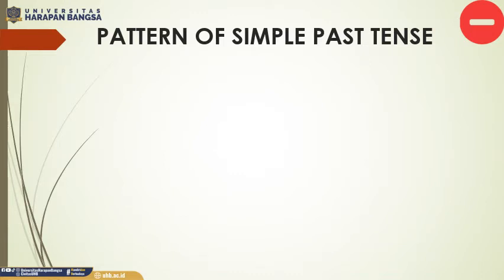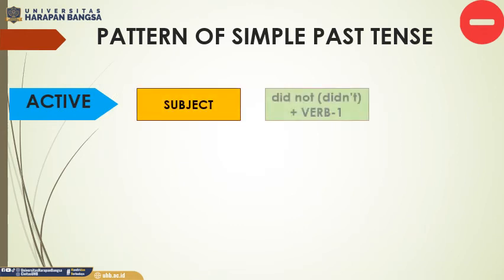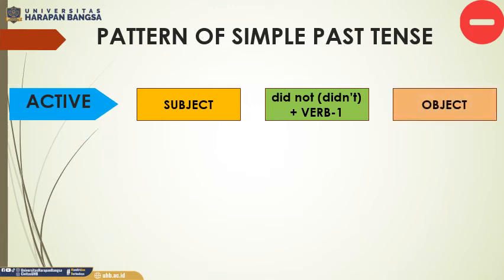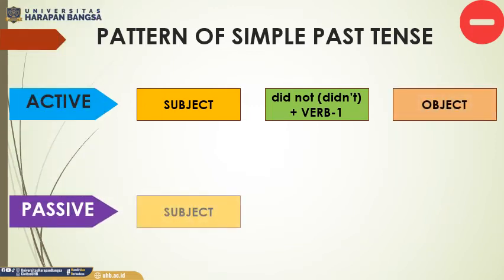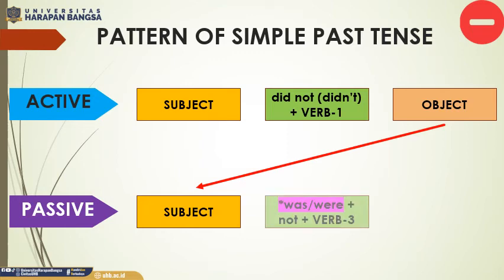We will learn the negative. Active: subject, did not or didn't with verb 1, and object. For passive, the subject comes from the object of the active. And then we use the same was or were with not, because this is negative, plus verb 3.